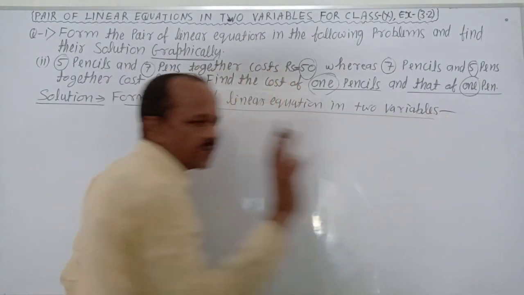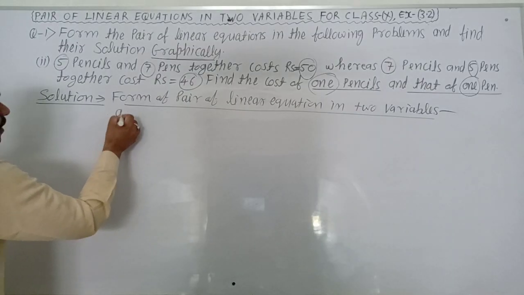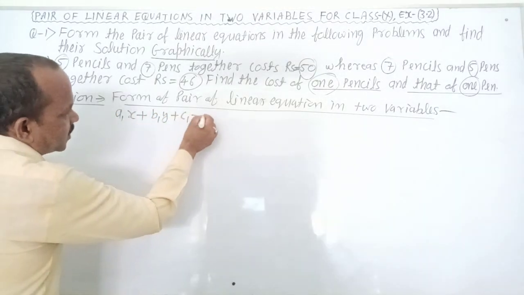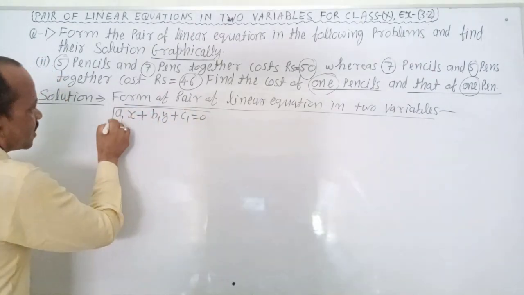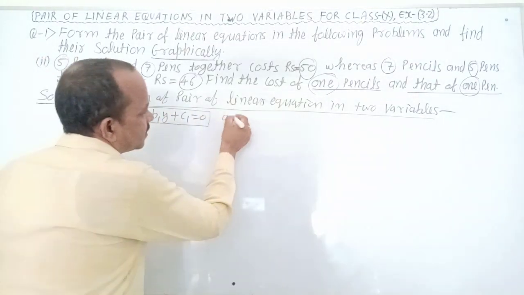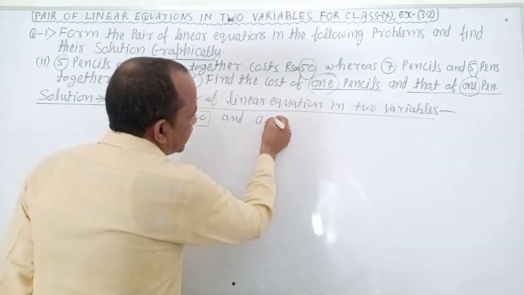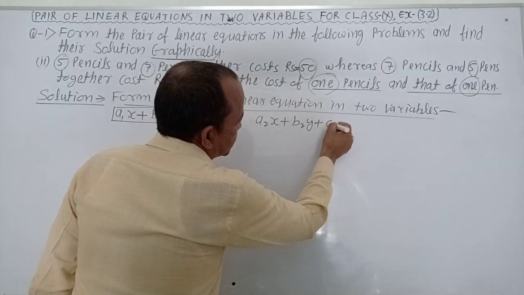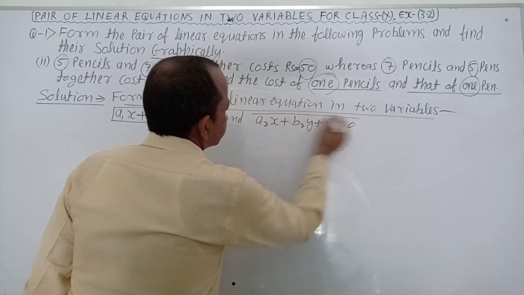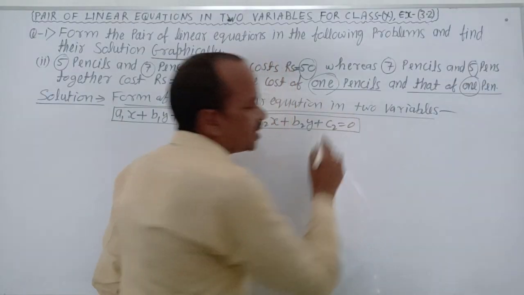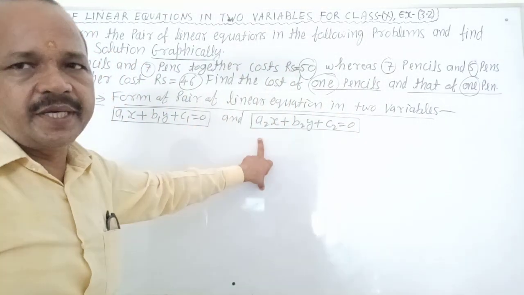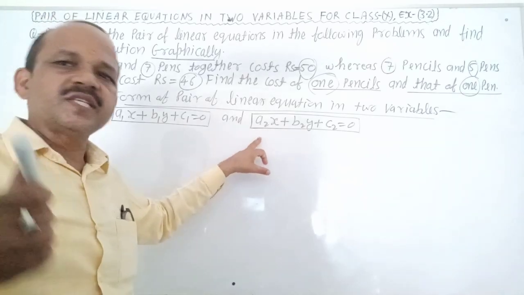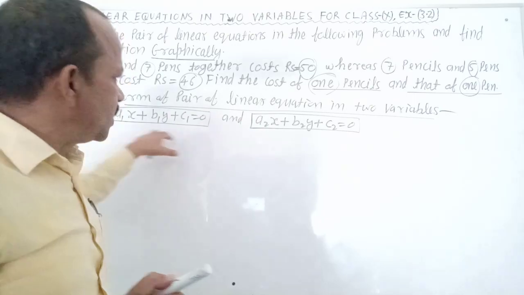Here, a1x plus b1y plus c1 equal to 0 and a2x plus b2y plus c2 equal to 0. It is the form of a pair of linear equations in two variables. Clear? No confusion about it. Very good. You can solve your question with the help of these forms.